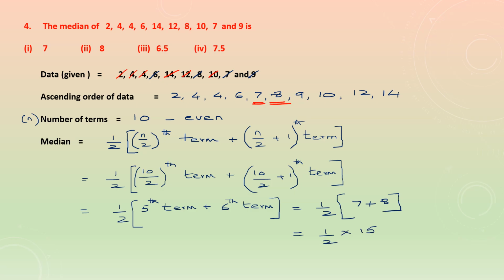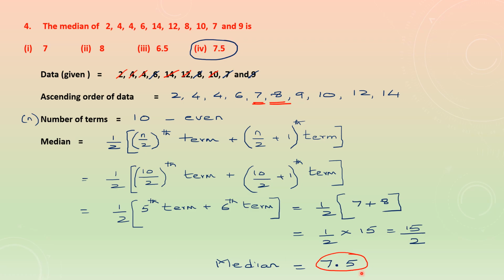So now we have to multiply this. 15 ones are 15, 15 by 2. We've got 15 by 2, which is 7.5. That means our median is 7.5. So this is our answer, 7.5, and that is option 4, 7.5.